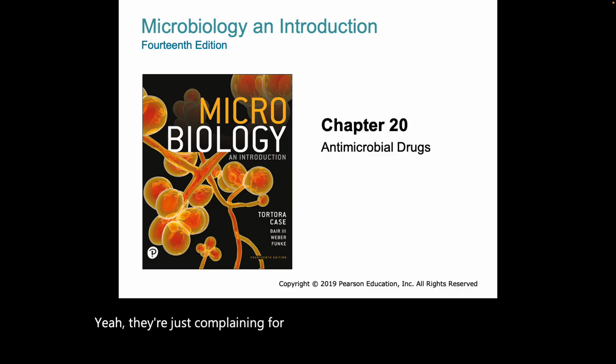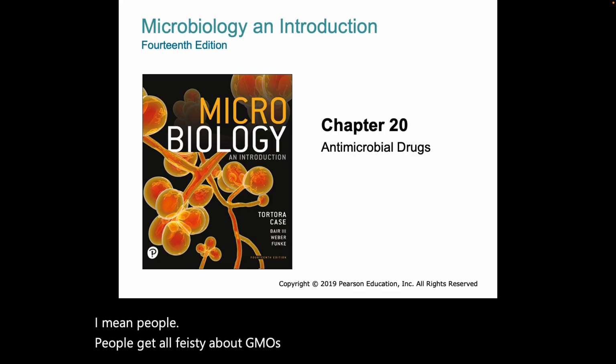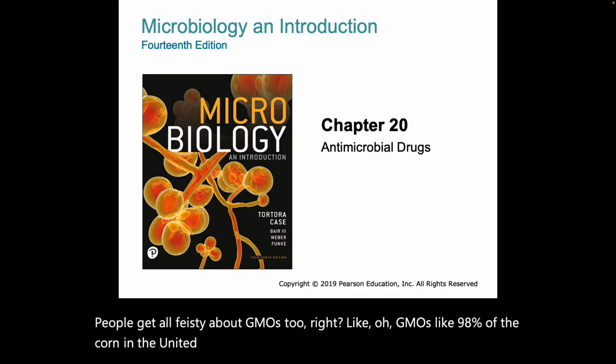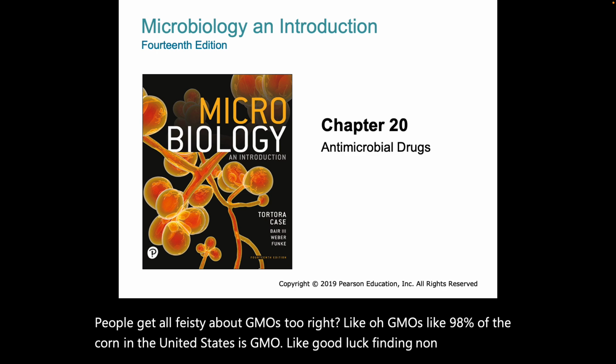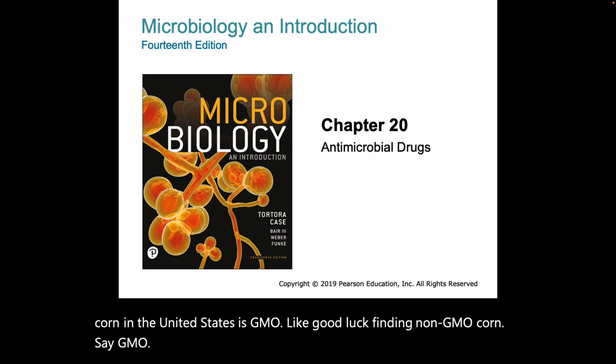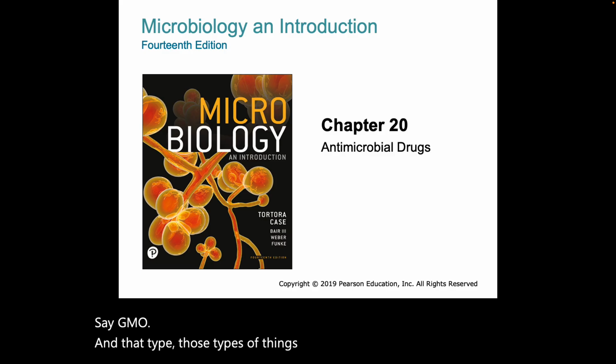Yeah. I mean, people get all feisty about GMOs too, right? Like, oh, GMOs. Like, 98% of the corn in the United States is GMO. Good luck finding non-GMO corn. You know, GMO and those types of things added for preservation are why you have low-cost products.